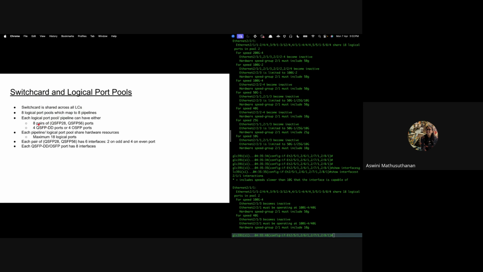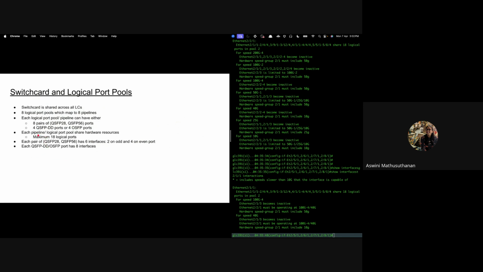First, for 16C, 16 100 gig ports, it's going to be 8 pairs of QSFP 28 and 56, which we talked about just now. And for the QSFP-DD line card, that is Grinnell line cards, it's going to be 4 QSFP-DD or 4 OSFP ports, which are straightforwardly mapped to the ASIC with 8 SerDes in between them.